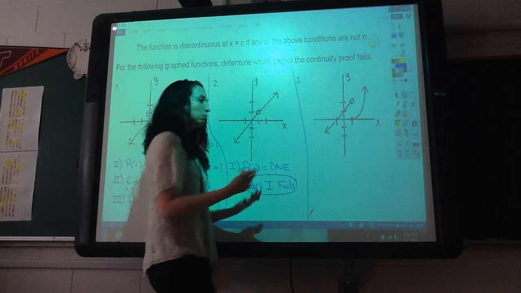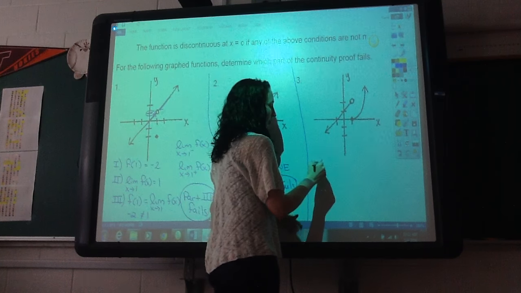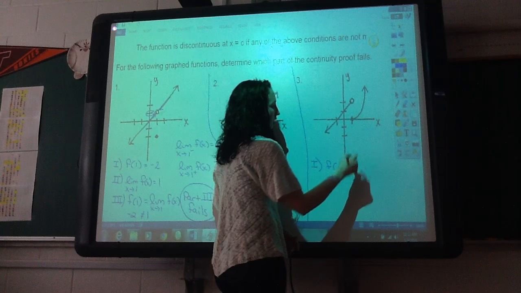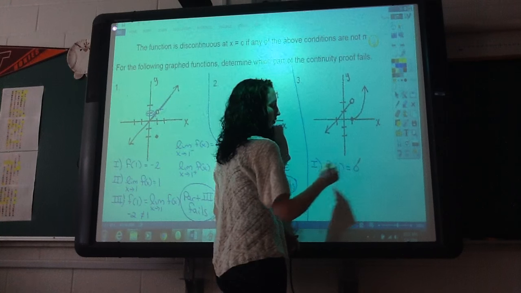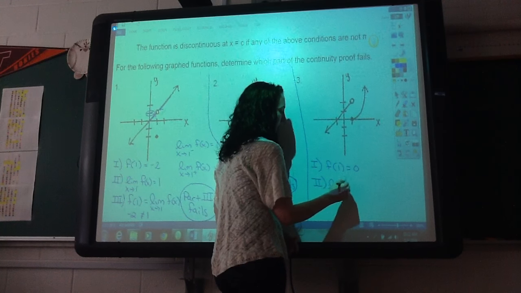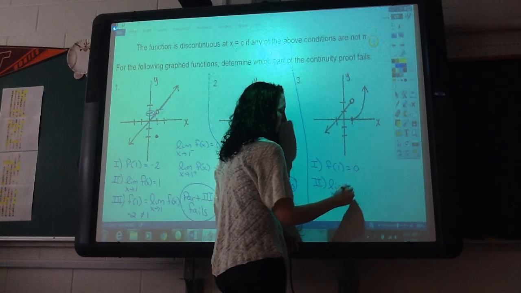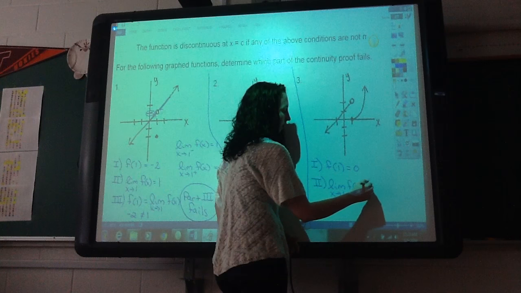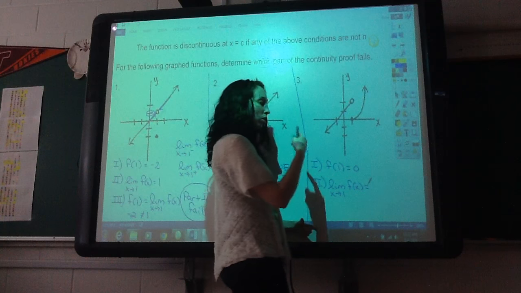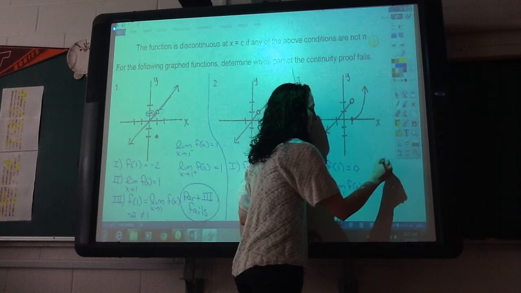Number 3, we've got the same sticky point. So f of 1, in this case, is 0. Our second part is to find the limit as x approaches 1 of the function. And because it's not an equation, I can't use substitution, I'm going to have to use the limit.